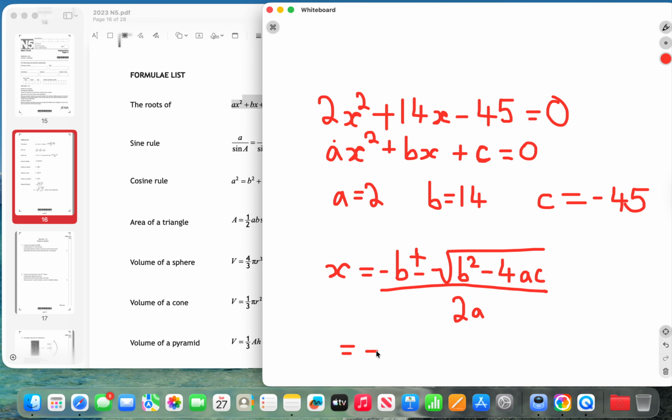b is 14, so minus 14 plus or minus the square root of b squared, which is 14 squared, minus 4 times 2 times minus 45.